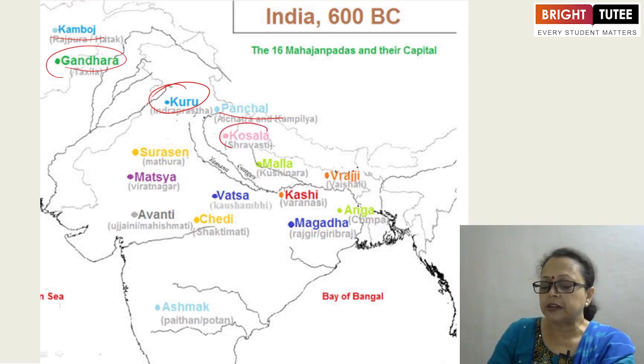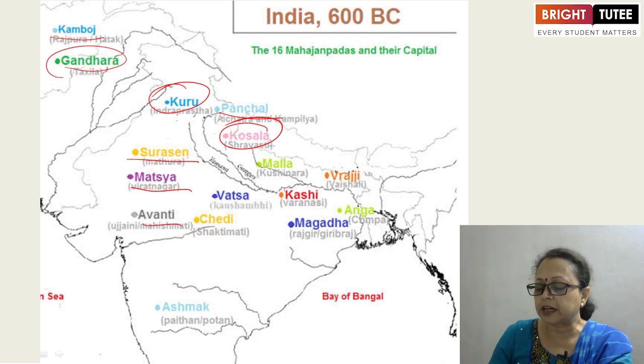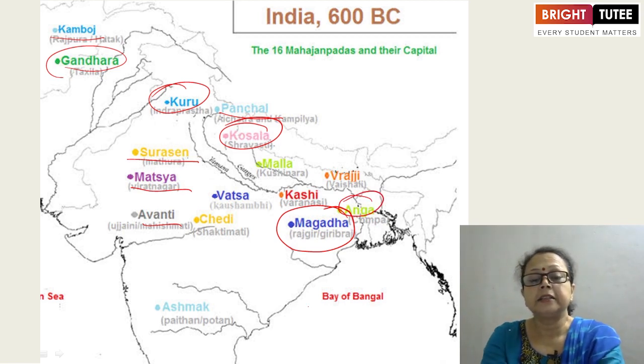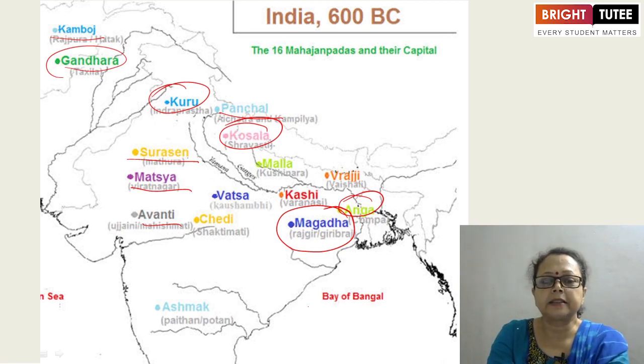Then Kosala, Surasena, Matsya, Avanti, Chedi, Vatsa, Kashi, Vriji. Malla, Magadha, which is very important with King Ashoka. Anga was also there. Then Ashmaka. So these are the important Mahajanapadas and their capitals.